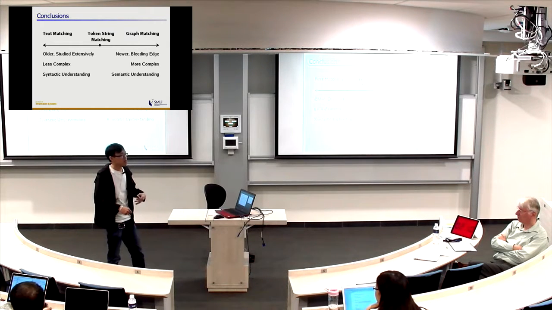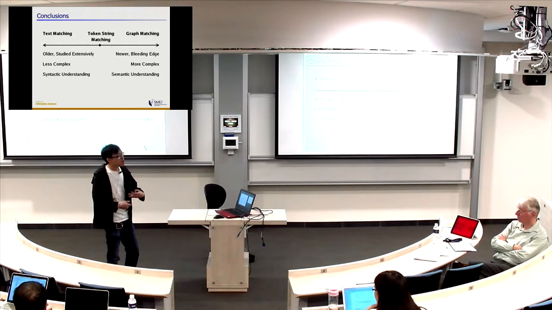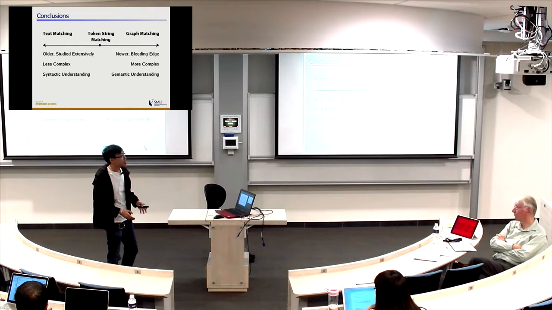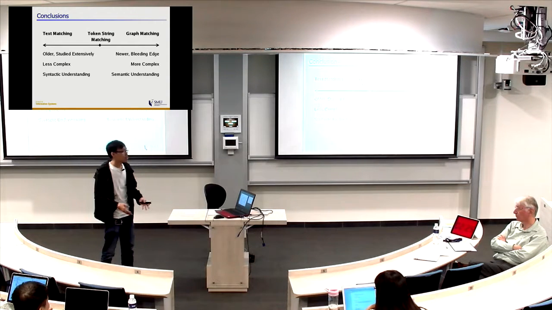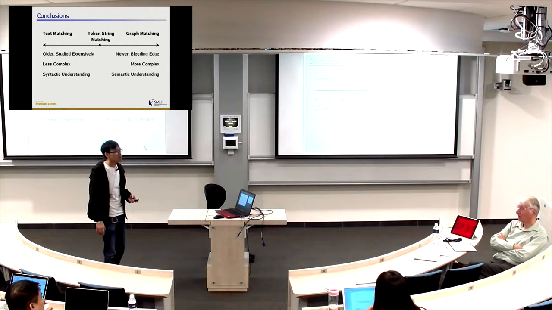For different programming languages, the style is different. When we apply, for example, the best technique, which is graph matching, we can get different results, and it depends. There is no fixed result for the number of clones that we can find. Does that answer your question?